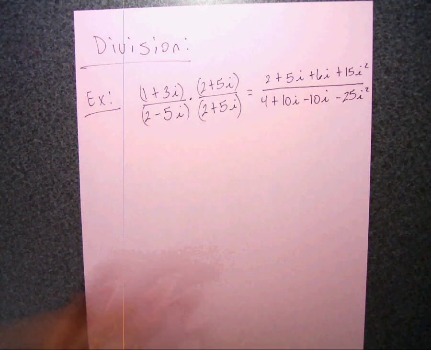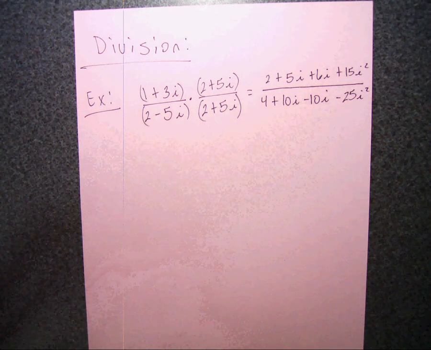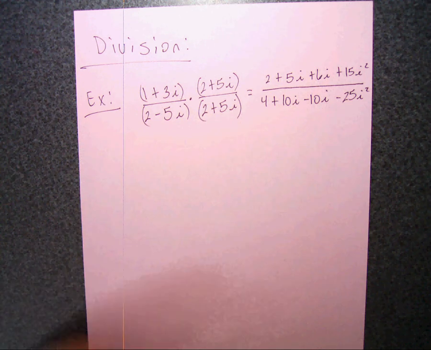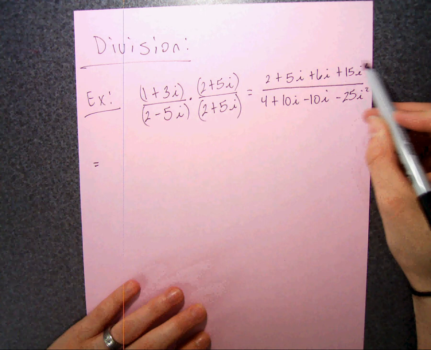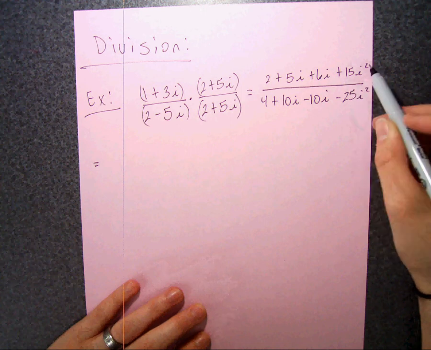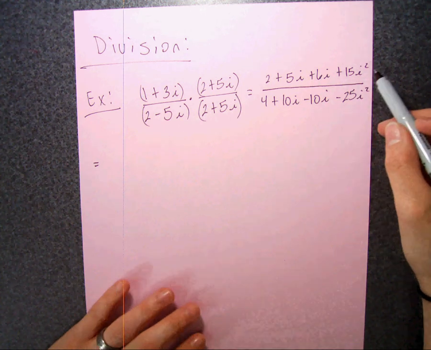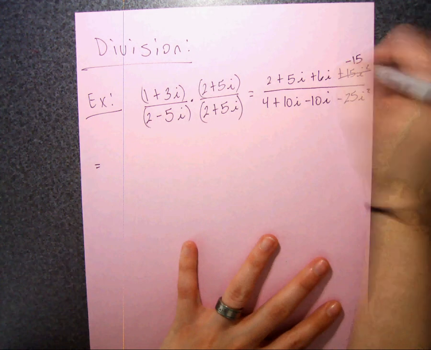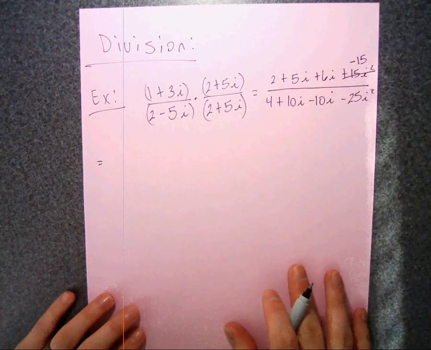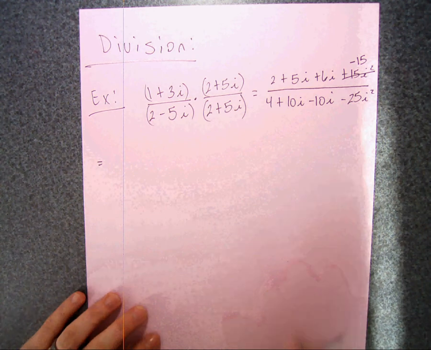So on the top, my 15i squared will change to what? Negative 15 or minus 15, right? i squared is just going to change that sign. And so 2 minus 15, my real numbers, combining my like terms, gives me negative 13. And 5i plus 6i gives me positive 11i.